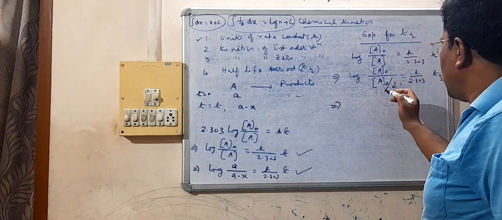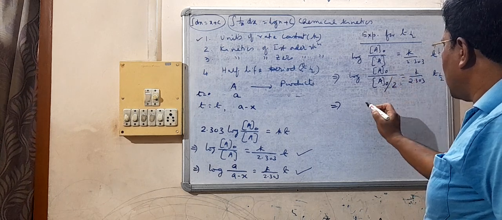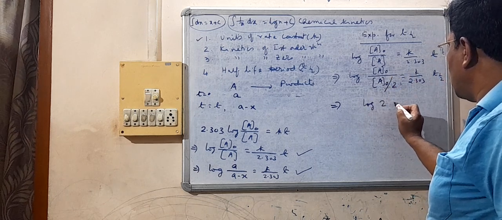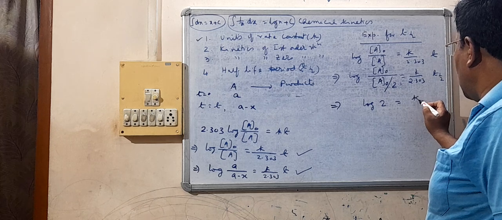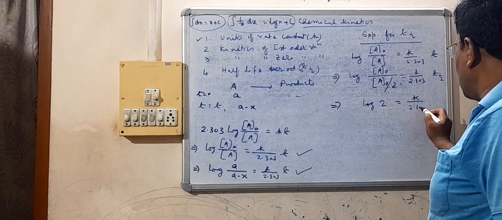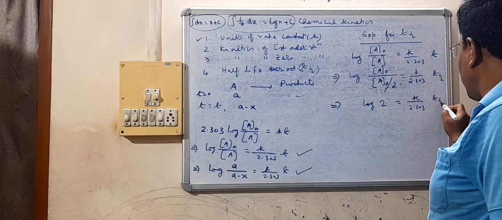So on simplifying this, A naught will cancel and we get log 2 is equal to K by 2.303 T half.